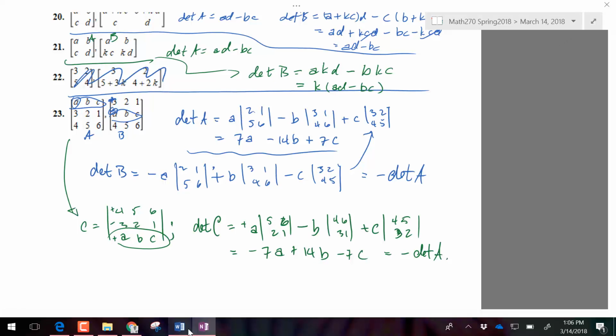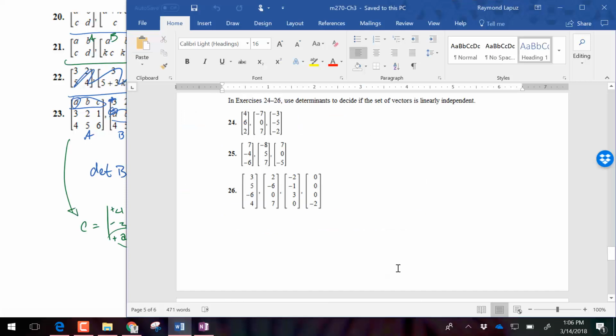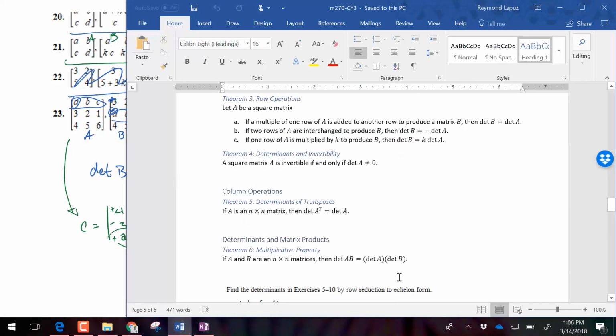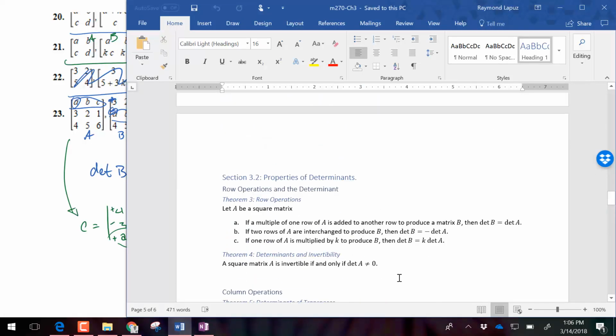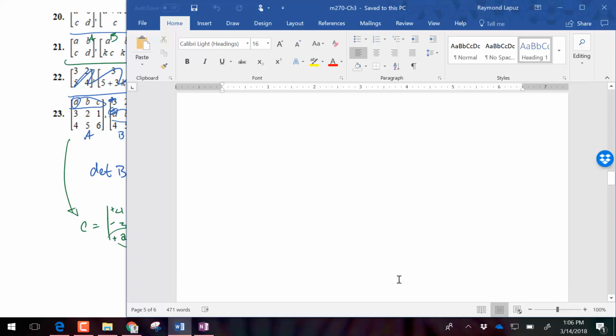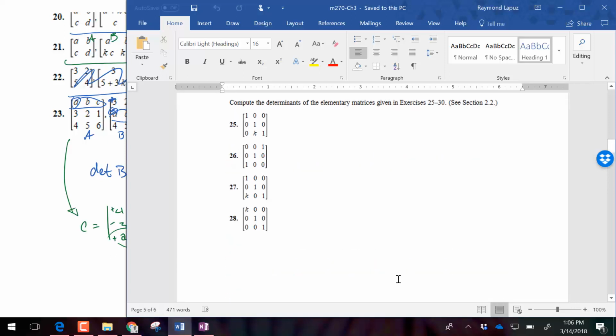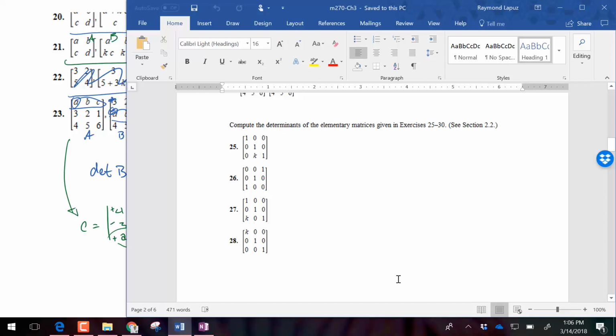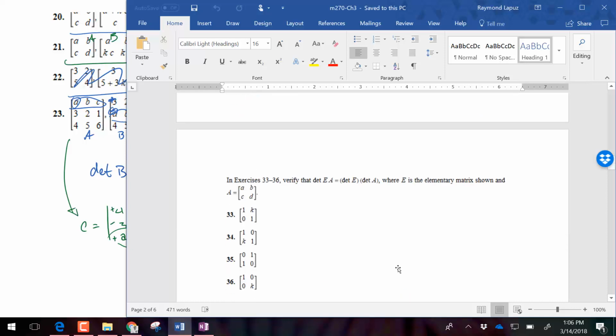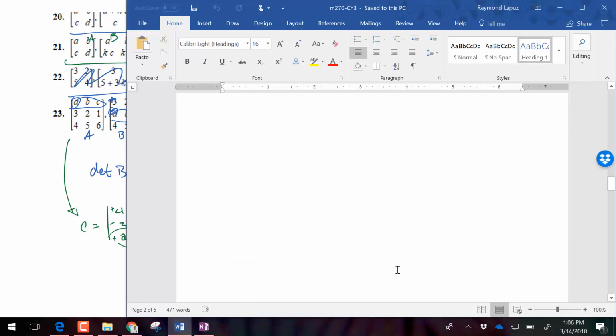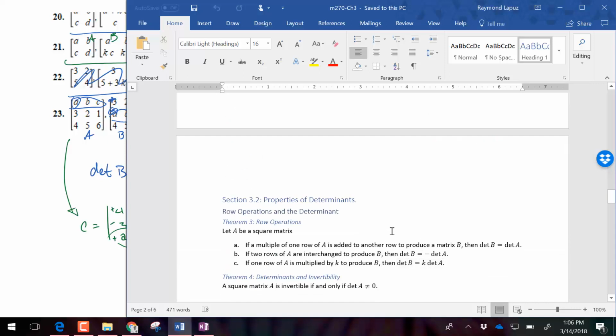Let's see. There are some more interesting examples that kind of lead to the second section, the properties of determinants.